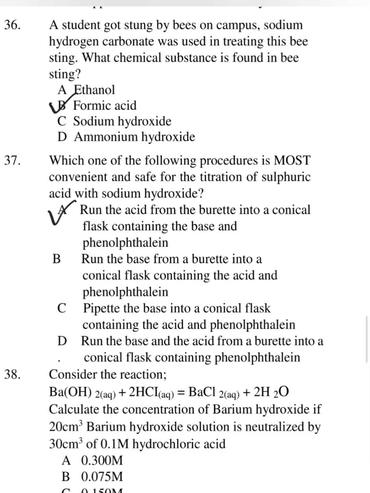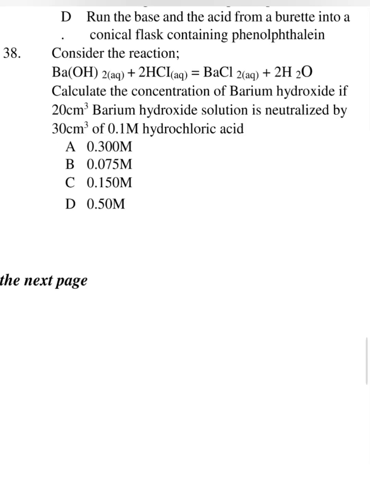In number 38, consider the reaction barium hydroxide plus sulfuric acid to give barium sulfate plus water. Calculate the concentration of barium hydroxide if 20 cm³ of barium hydroxide solution is neutralized by 30 cm³ of 0.1 molar hydrochloric acid.